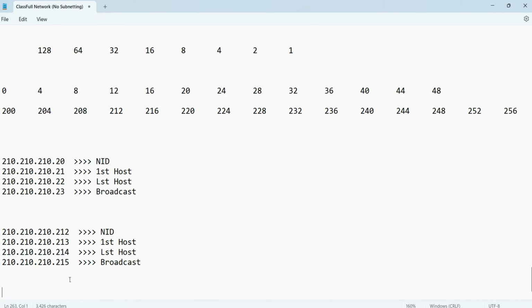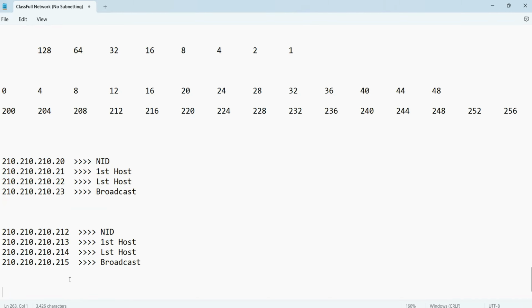All right, so I'm going to give the first one 21. But let's say I want to put 210.210.210.20 and I make this 252. It says you can't, this is a network ID. Okay, good, which means we're doing perfect. Then 210.23 and I make this 252.